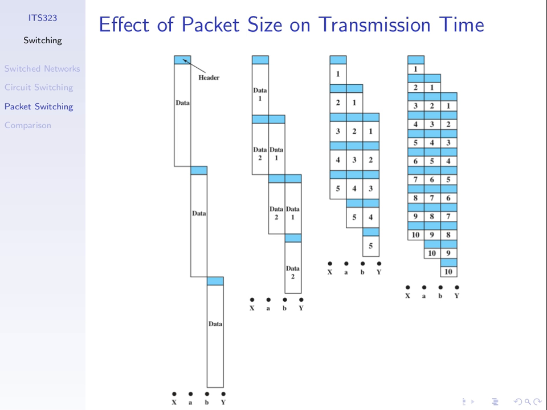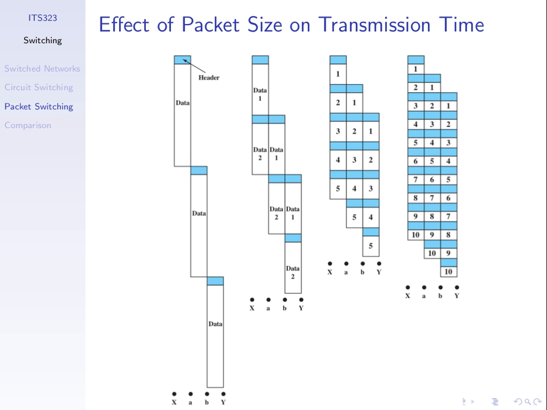Normally we think with a small packet there'll be a larger overhead because of the header, and that would be less efficient, which is true. In this case we can send and receive at the same time. Because we've got 2 packets, we've got something happening in parallel. In particular, a switch is receiving a packet and at the same time transmitting the previous packet it received.